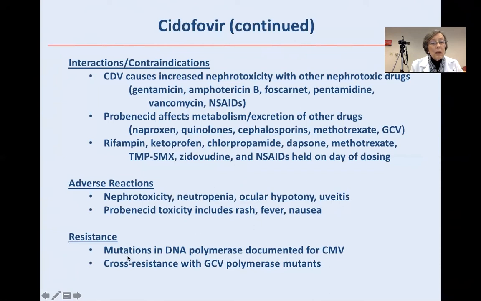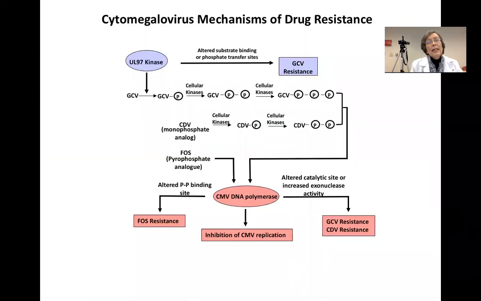We get mutations in the DNA polymerase that cause drug resistance, and these have been documented for CMV. And we have cross-resistance with ganciclovir polymerase mutants. So this is a diagram showing the metabolism of ganciclovir in CMV-infected cells and ways that resistance occurs. So if you start with ganciclovir, this has to be phosphorylated by the UL97 kinase.